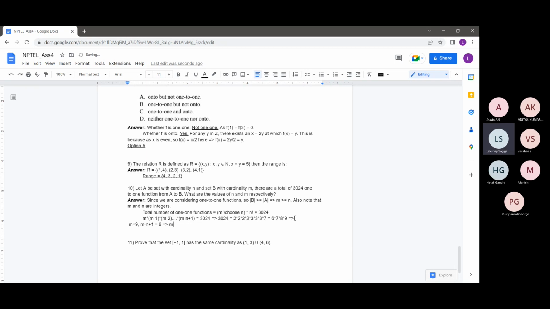This implies that m is 9, and putting 9 in the second equation, we get that 10 minus n is 6, so n is 4.